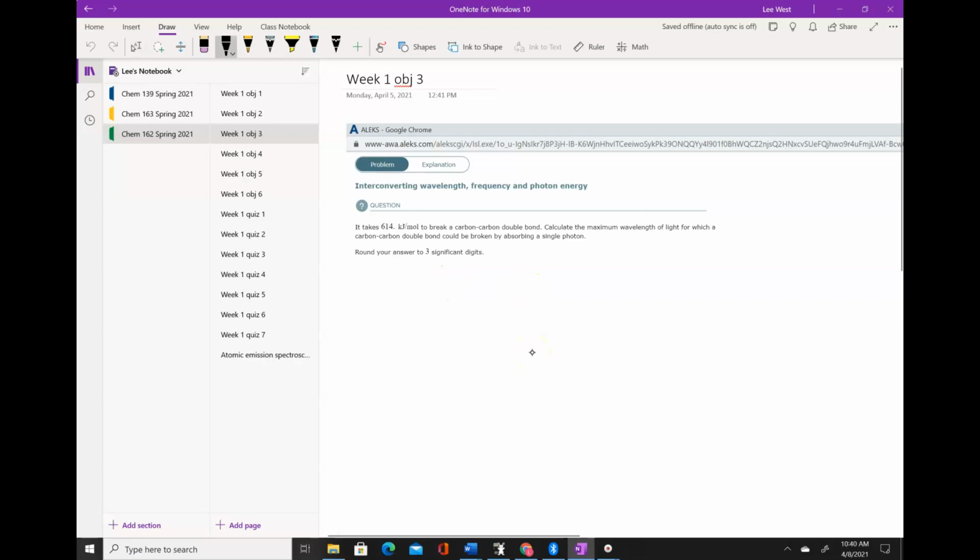So this is all about interconverting wavelength, frequency, and photon energy. I gave the relationships previously. The energy of a photon is equal to Planck's constant times its frequency, or alternatively we can say it's equal to Planck's constant times the speed of light divided by the wavelength.